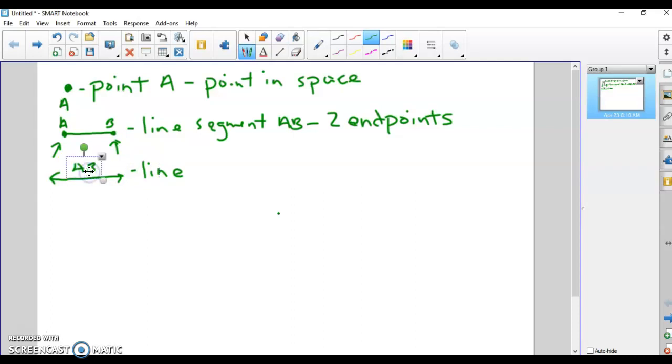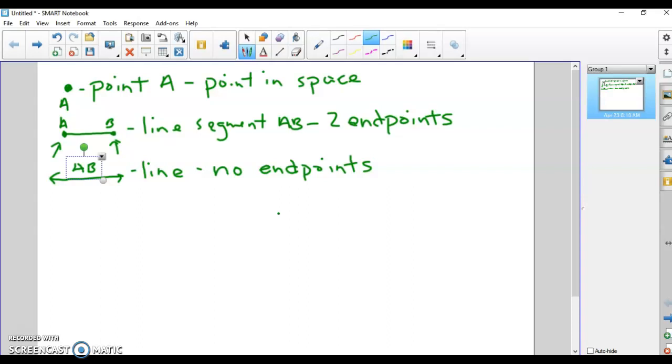But it has no endpoints. Because it has no endpoints, it goes on forever in both directions, left and right. So there's no real starting or stopping point. It just goes on forever in both ways.